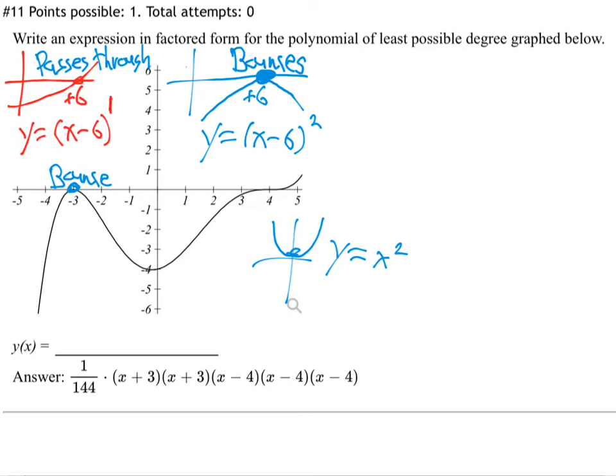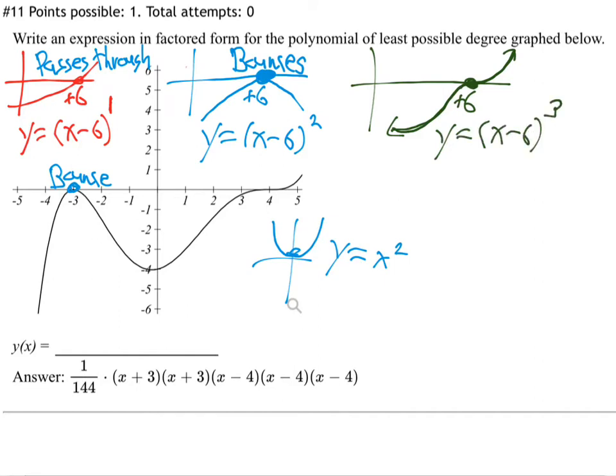So now, there's a third and even more tricky situation. Way over here at 6, it could do something like this. It can be coming up and sort of hit and not come back down, but instead kind of do a squiggle. See how it squiggled through? So at +6, that's going to be x minus 6 to the third power.